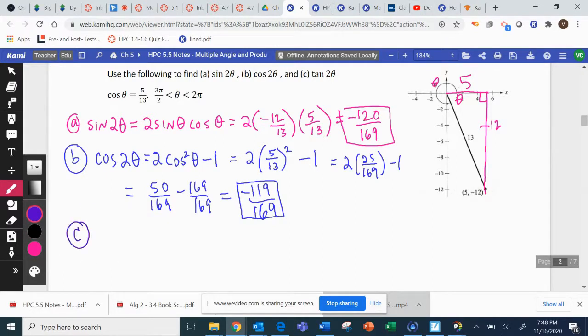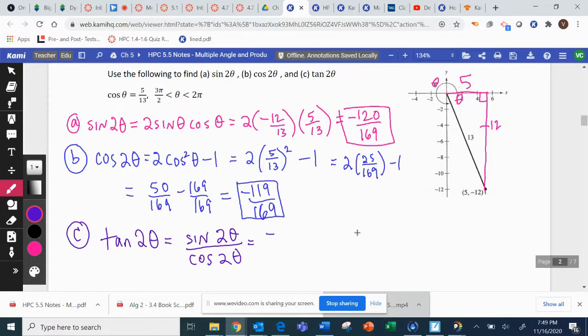Okay, and question C is tangent 2 theta. And the formula from the previous page says to do sine 2 theta over cosine 2 theta, which we just found the answers for.